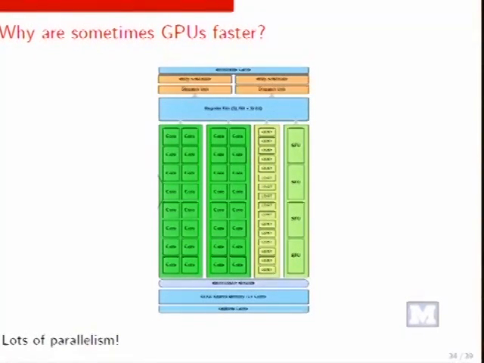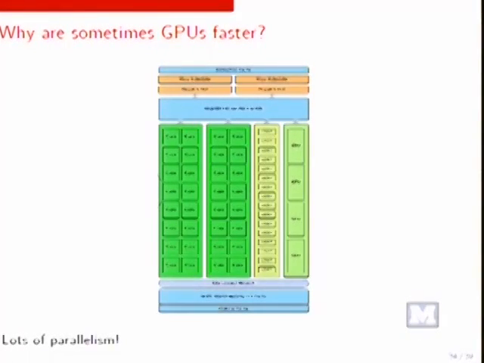The other big difference is the register file. When we looked at the registers for the x86 type of computer, there were maybe less than 100 registers. But a modern graphics computer will have about 30,000 registers.